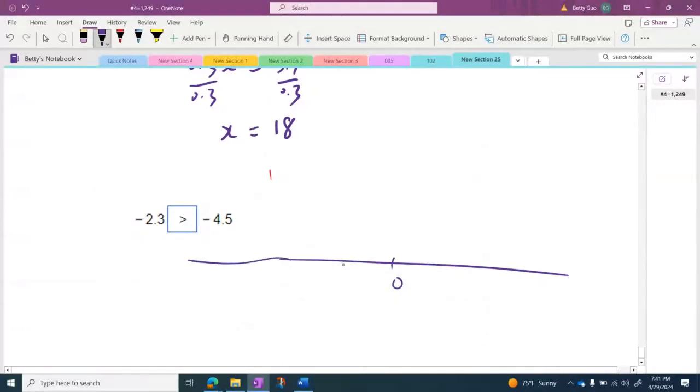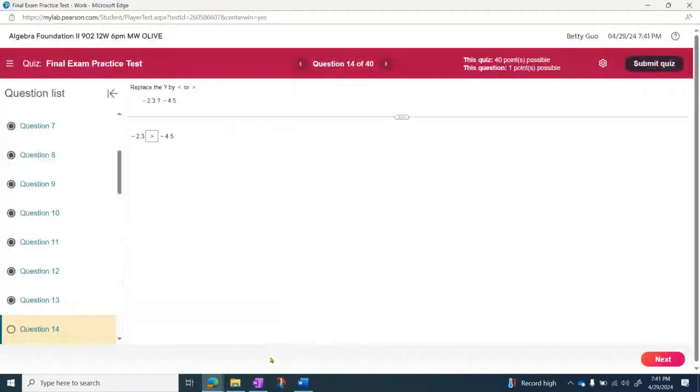Zero. This is negative 2.3. This is negative 4.5. Because negative 2.3 is closer to the origin, negative 2.3 is bigger. Next.